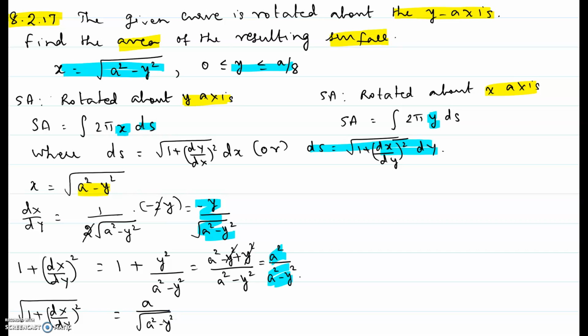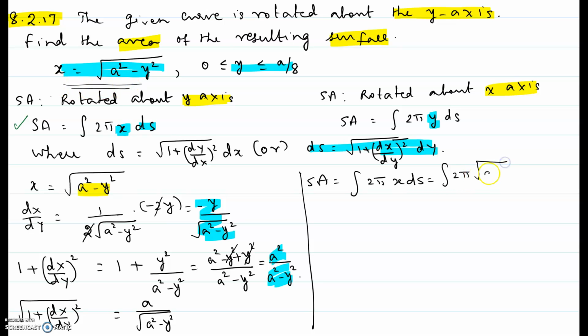So coming back to the formula that we started off with, surface area S equals the integral of 2 pi x ds. x can be written as a function of y from the given expression, so I'm going to replace x with the square root of a squared minus y squared. For ds, we already found this expression over here.